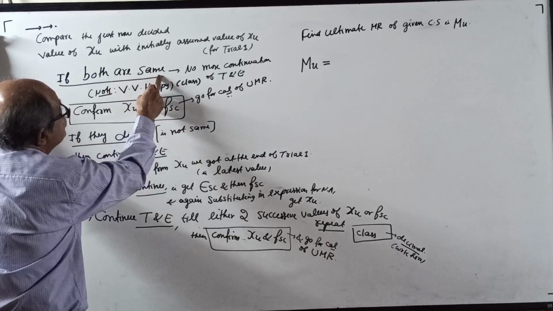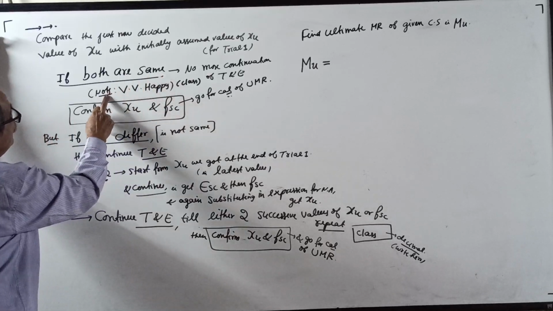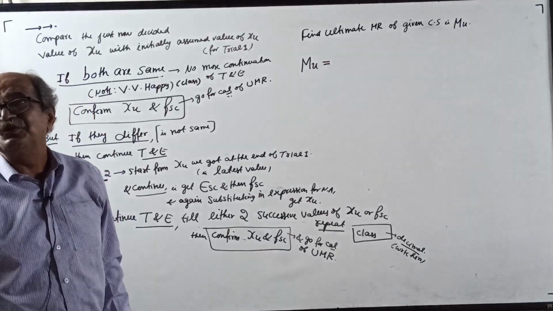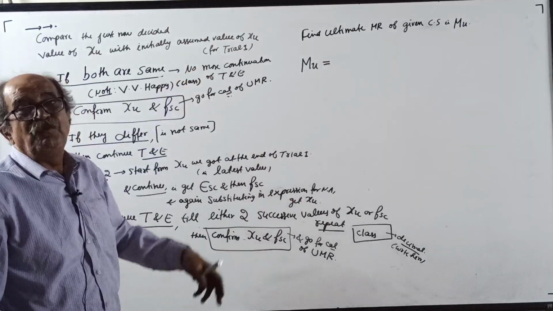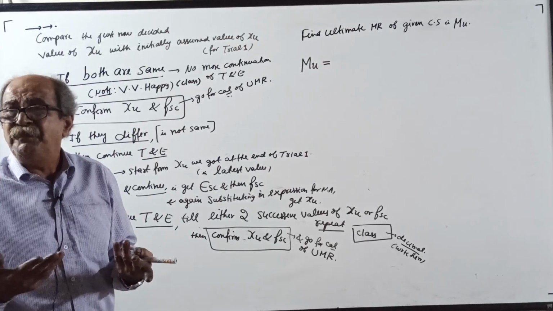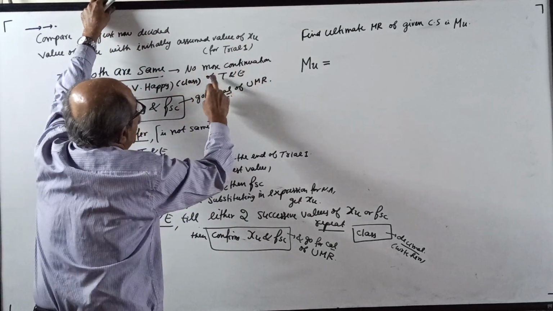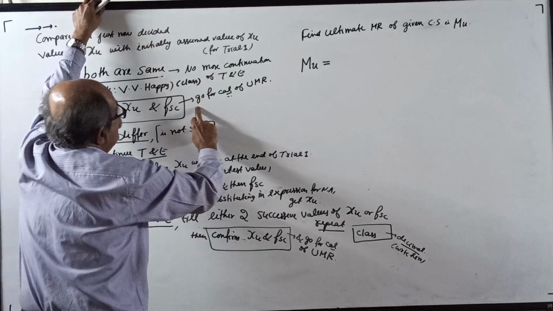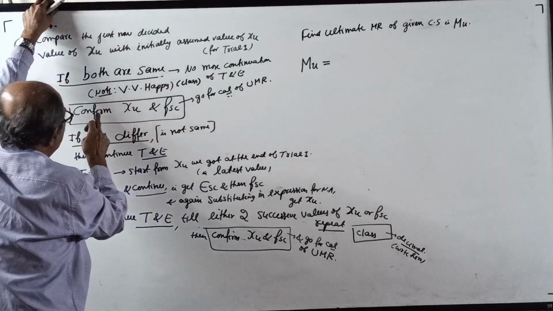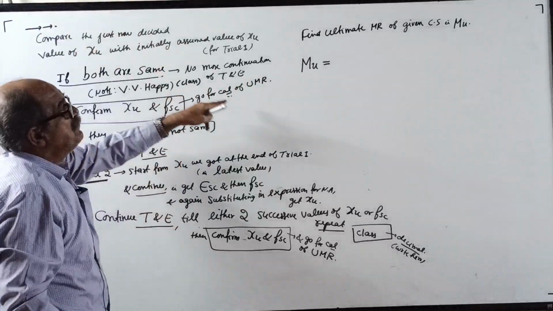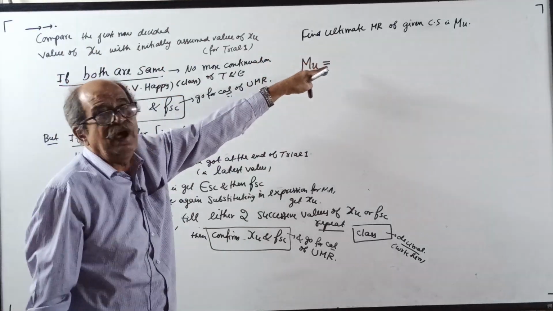If both are same, note, very happy. You initially assume some xu and after one trial, you get the same xu repeated. Very happy. No more continuation of trial and error. Then confirm xu and FSC and go for calculation of ultimate MR. Ultimate MR, I'll write afterwards.